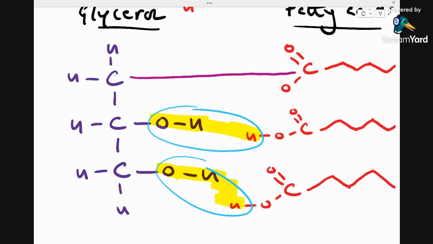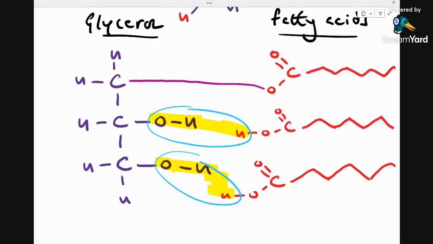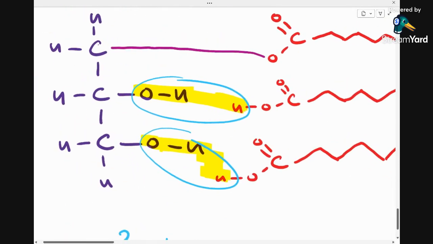The slight complication here, of course, is that it's going to be bonded to the oxygen on the carboxylic acid tail. So actually, I probably should have drawn it like that. It's not very pretty, but that's kind of what it looks like. So that's going to happen 3 times.